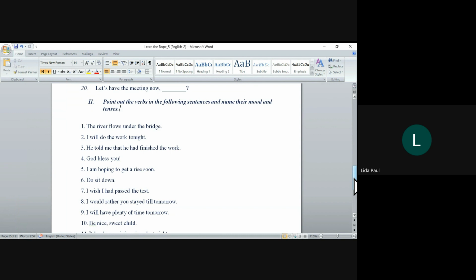They express different modalities, right? They show you expressions of possibilities, abilities, certainties, obligation, necessity, threat, promise, intention, right? These are all the various modalities that the modal verbs can express.